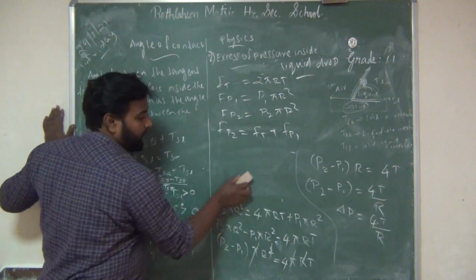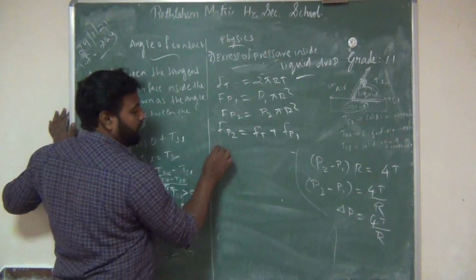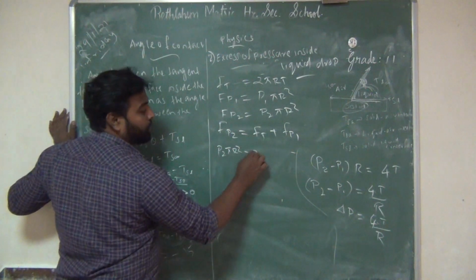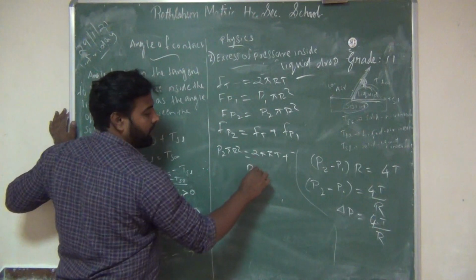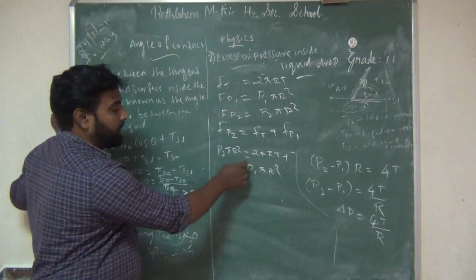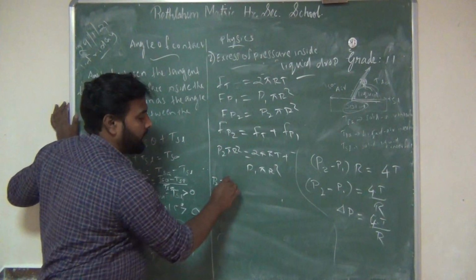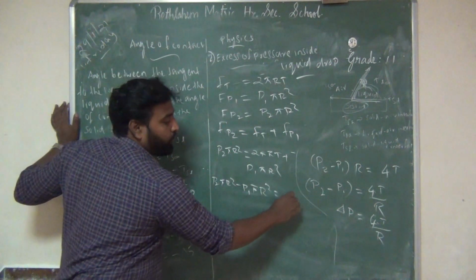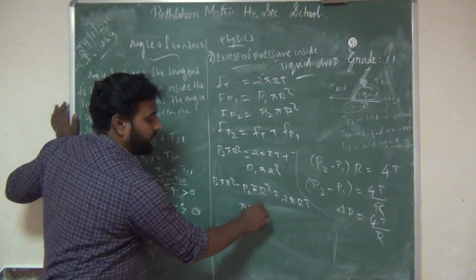Now the same step. Fp2 means P2 pi r square. Ft means 2 pi rt. Plus Fp1 means P1 pi r square. Now we have to take this term to this side. So P2 pi r square minus P1 pi r square is equal to 2 pi rt. Take this pi r square outside.